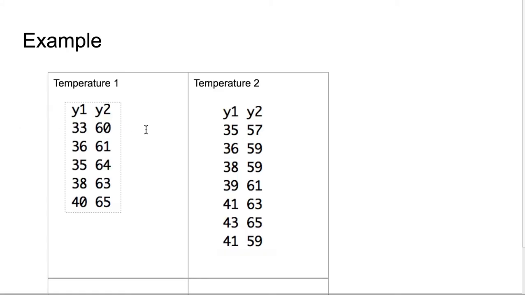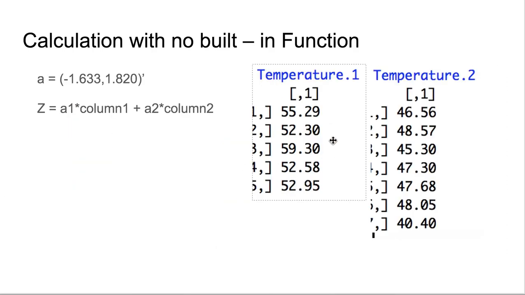The value for column 2 is 60. After that, we will get 55.29 something for the first matrix, first observation.